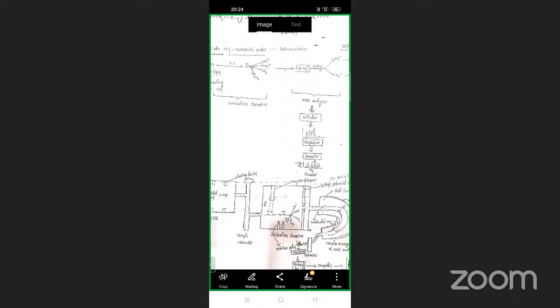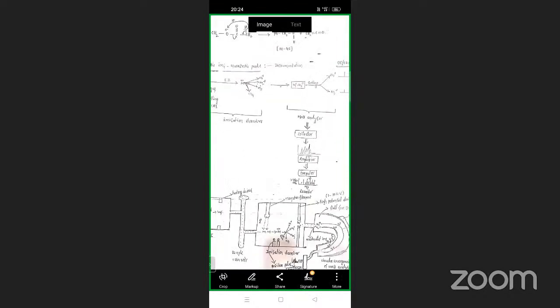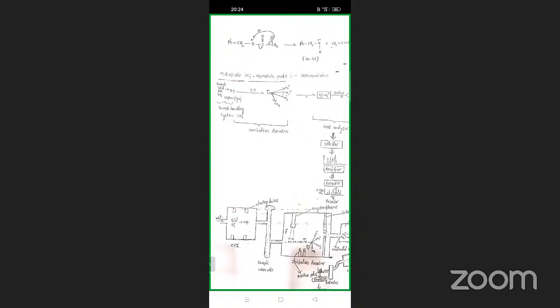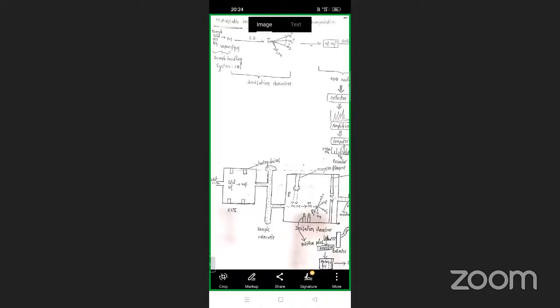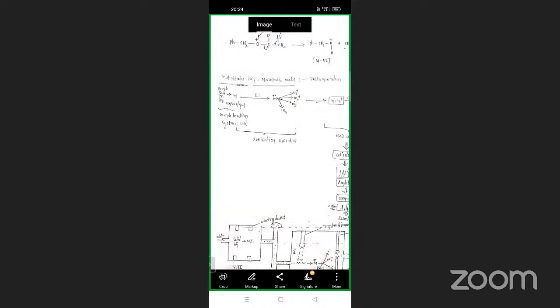Only vapor state samples or compounds are accepted in mass spectrometry. So you take the molecule and convert the compound into vapor state. Then a 70 electron volt electron impact is applied.